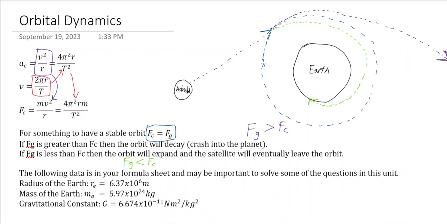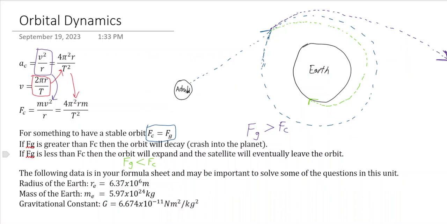Now, mine are exaggerated, so mine crashes right away. But if you are close enough, it could orbit around the Earth 3 or 4 times. That would be in the case where it's moving too slowly or it's too close to the Earth. Okay, so those are the three situations of the orbital dynamics.